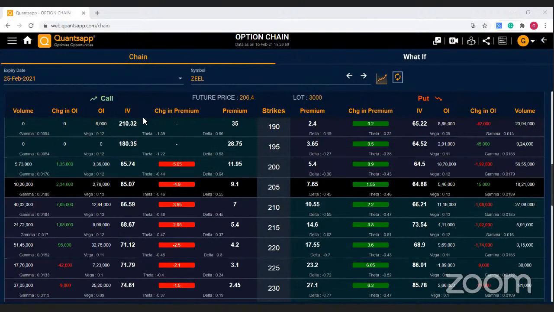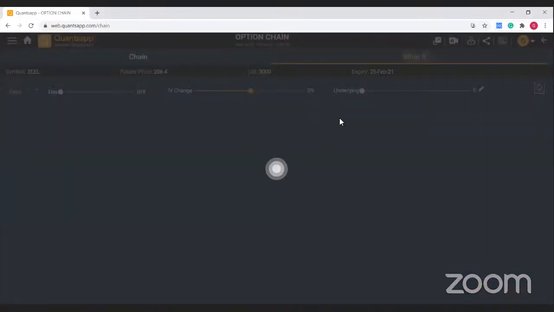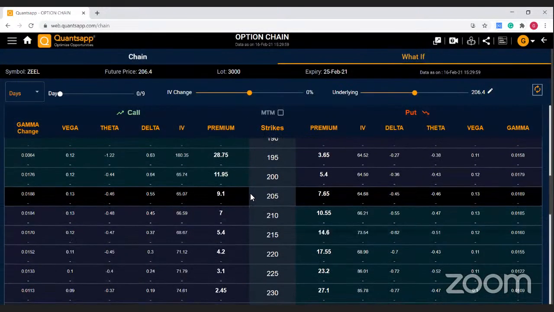Here I can see the details about all these strikes of the call and the put option. So the features, if I want to see here, I can see all these strikes, and the main point, I can see the Greeks of all these strikes, and then I can do my scenario analysis where I can see how the option premium can be affected due to the underlying change.